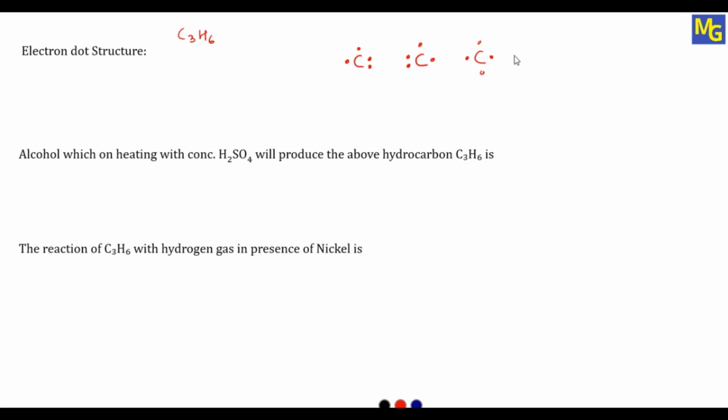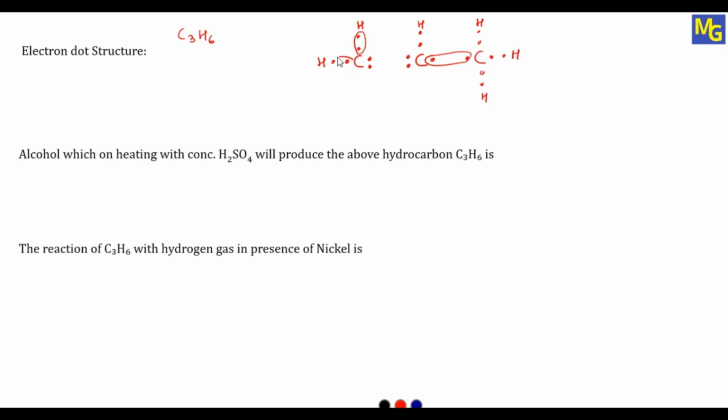Now how many hydrogens do we have? 6. So one here I will draw, one here, one here, one here. Total how many? It became 4. So we require another 2. So one here and one here. These 2 here combine to give one bond. So see here, this will combine to give one bond.